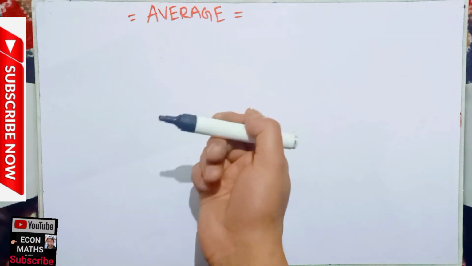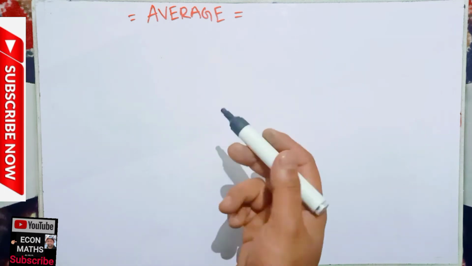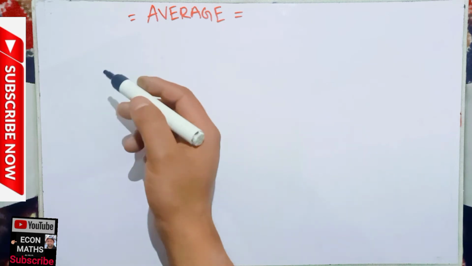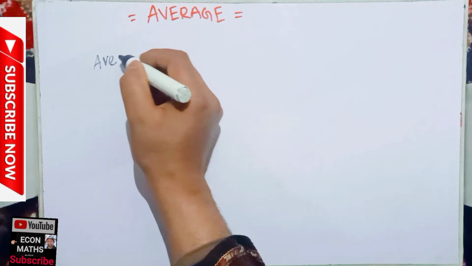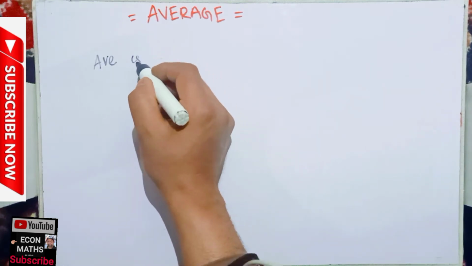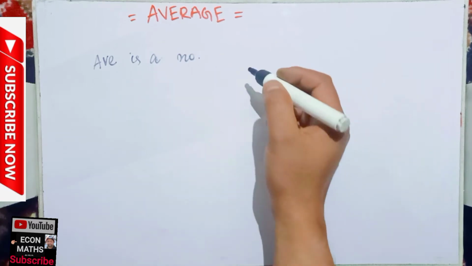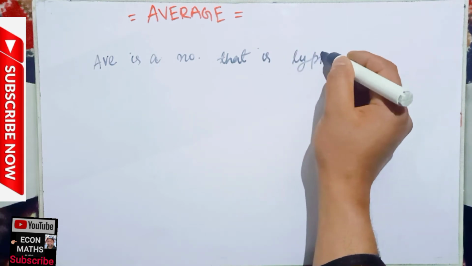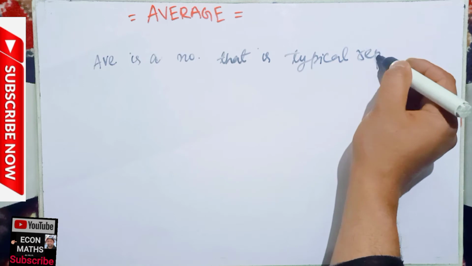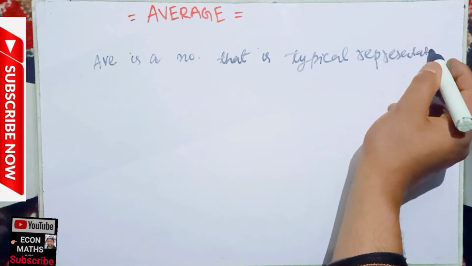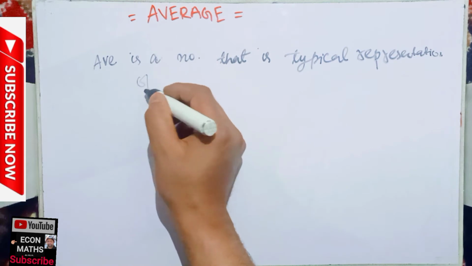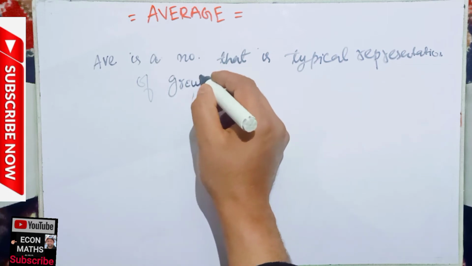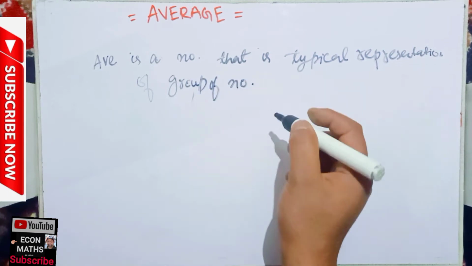Now, average refers to a middle or central representation of a data. That means average is a number that is a typical representation of a group of numbers or data set.